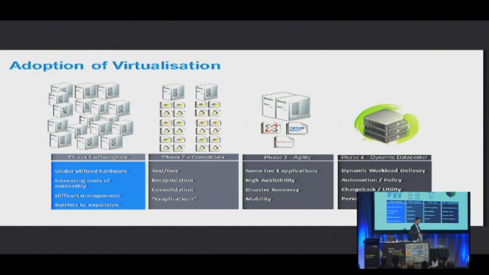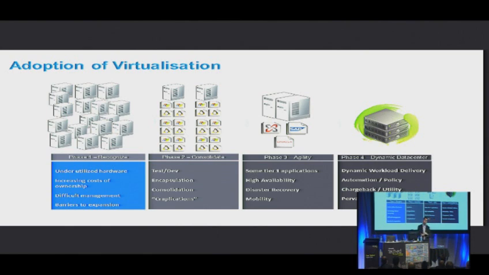But increasingly organizations are starting to get into phase three, which is really about agility from a Citrix standpoint. Phase three is about taking, instead of just tier 2 applications, tier 1 applications and deploying them in a virtual environment. We'll do that because of some of the benefits we get from an agility standpoint, things like HA and disaster recovery, that we can leverage more completely in a virtual environment.